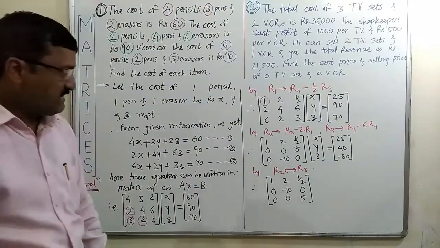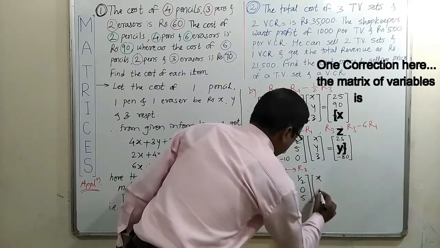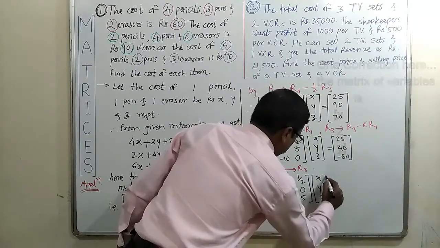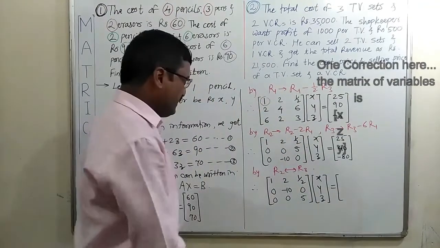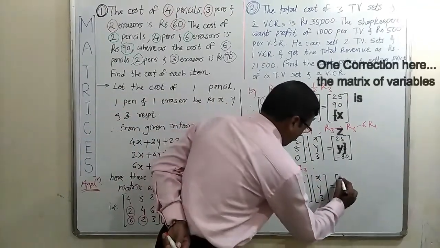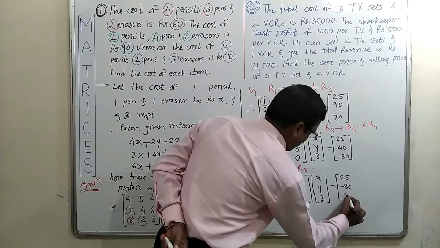This is our first matrix into XYZ is equal to, here interchanging R2 and R3, so we get 25, minus 80 and 40.